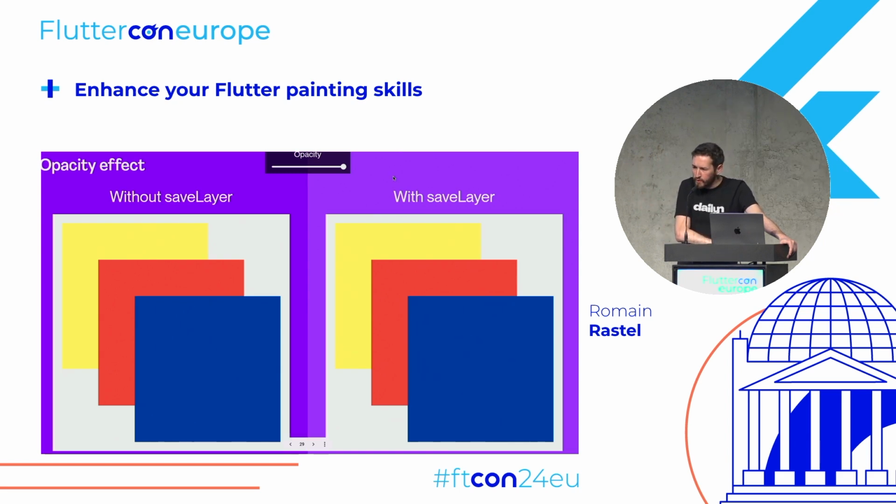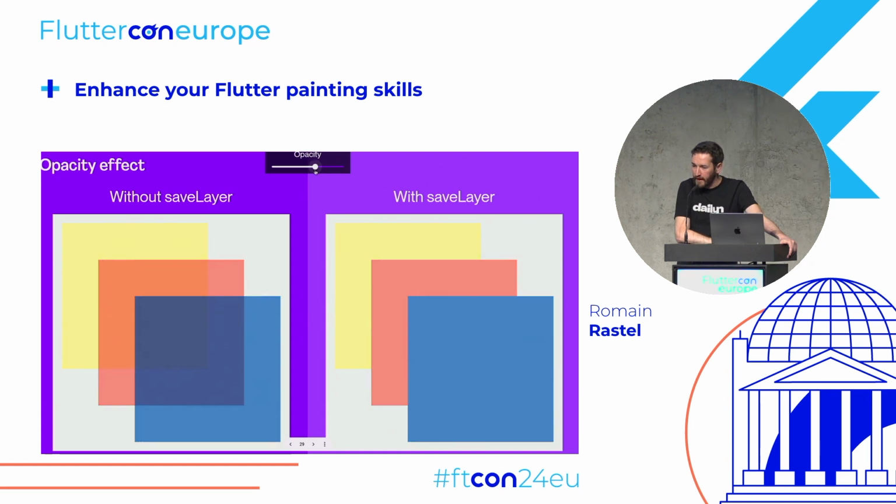So if we decrease the opacity here, I think it will be more interesting for you. As you can see, there is a bunch of mixing colors here, here, here, and not here. So when you have this kind of problem, remember that saveLayer can save your life.